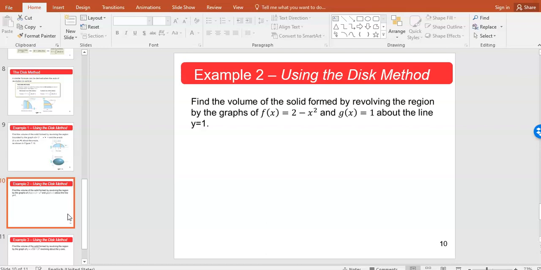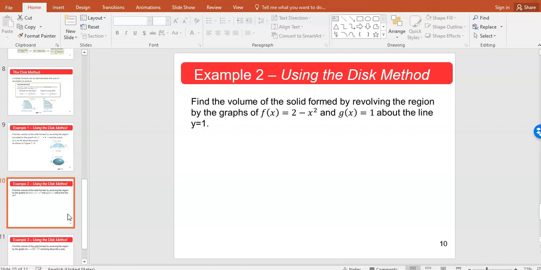I need to know where these two functions intersect to know where I'm doing the rotation. Also, it says that we're doing the rotation about the line y equals 1.